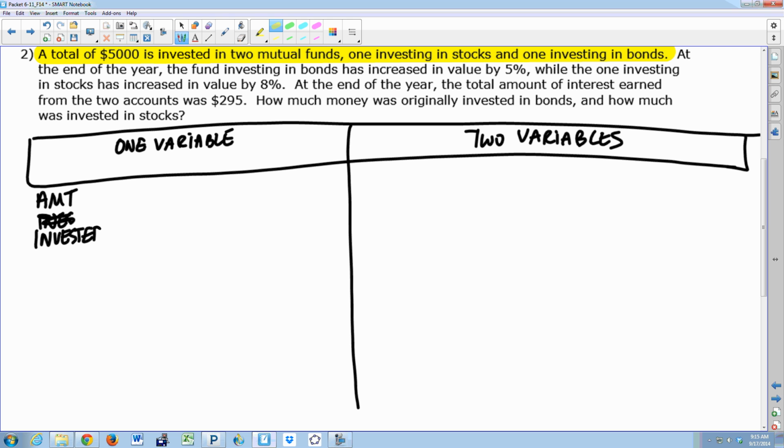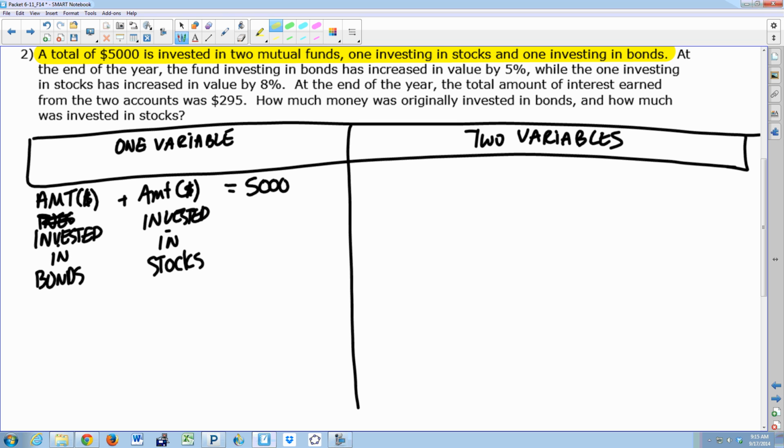The amount invested in dollars in bonds and the amount invested in stocks is equal to $5,000. That's your first what equals what. And that's the only what equals what you may need to do right now, okay, just to get a sense of what's going on in the problem.